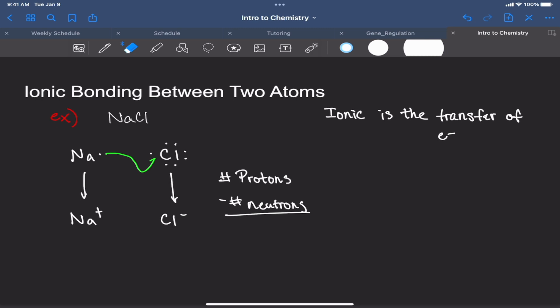That's how we can calculate the charges. So now there's going to be an electrostatic interaction, right? We say like charges repel, unlike charges attract. One is positive, one here is negative. Those are opposite charges. They're going to attract one another, and they're going to create an ionic bond.